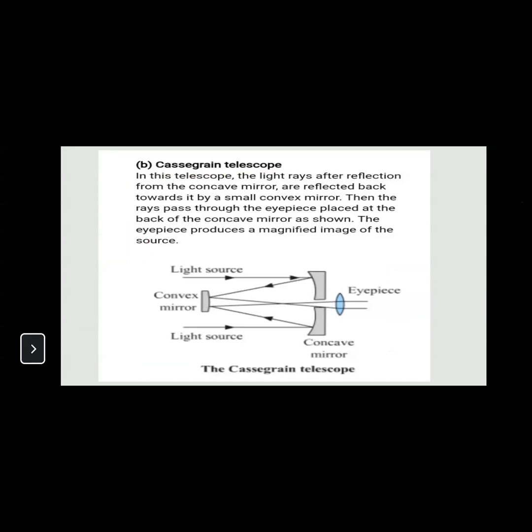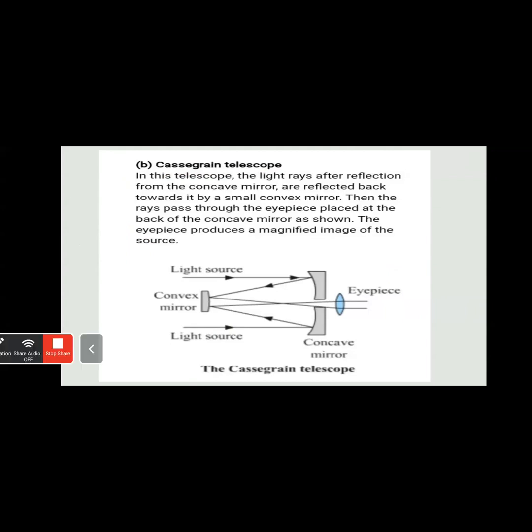The Cassegrain Telescope. In this telescope, the light rays after reflection from the concave mirror are reflected back towards it by a small convex mirror. Then the rays pass through the eyepiece placed at the back of the concave mirror as shown. The eyepiece produces a magnified image of the source.